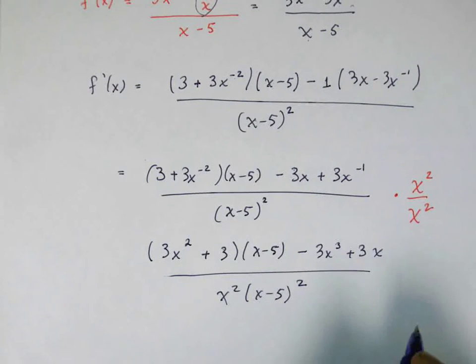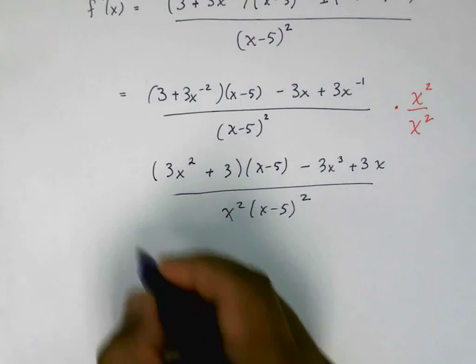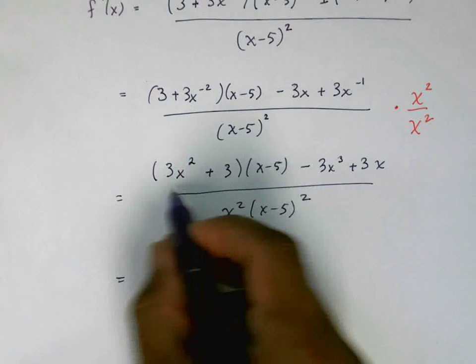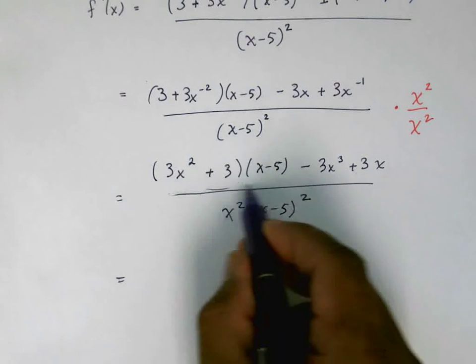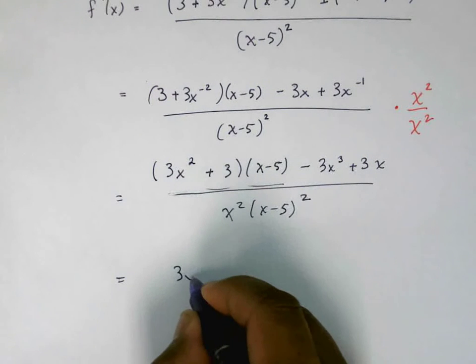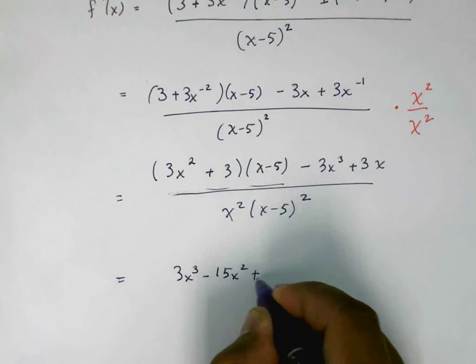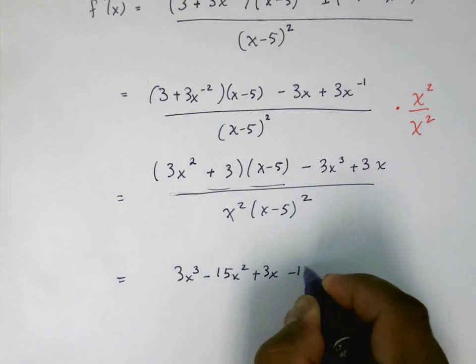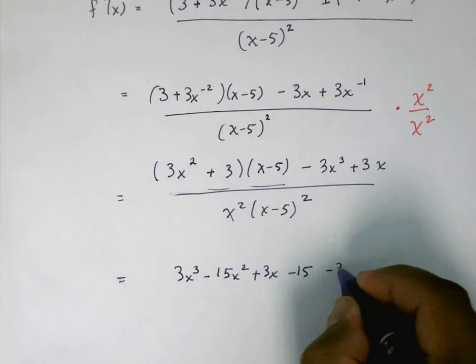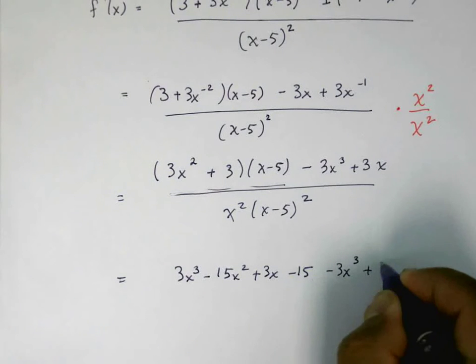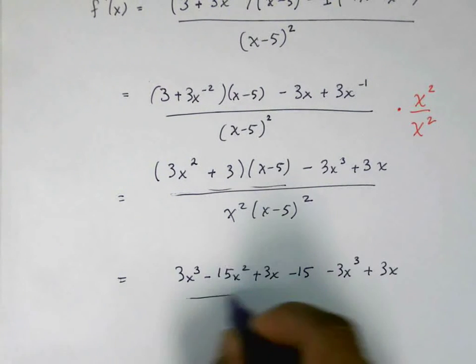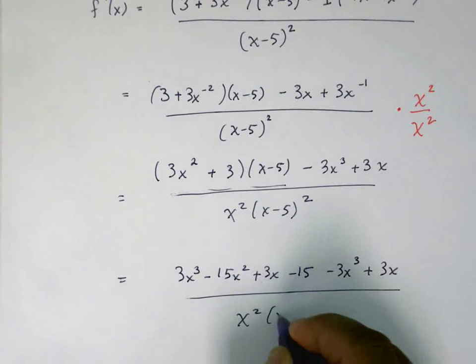Okay. And now we'll just do some more simplification here. So I'm going to distribute this part here of the numerator. That's going to give me 3x cubed minus 15x squared plus 3x minus 15, and then the remaining part that I had from before. Okay. Numerator, let's keep that exactly the same.